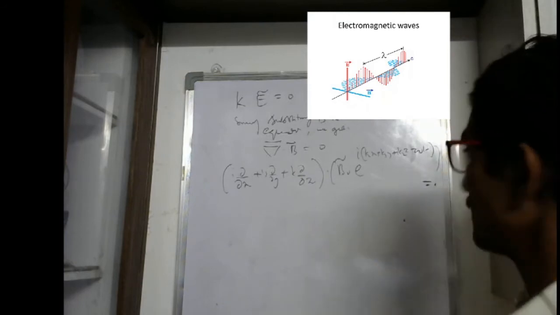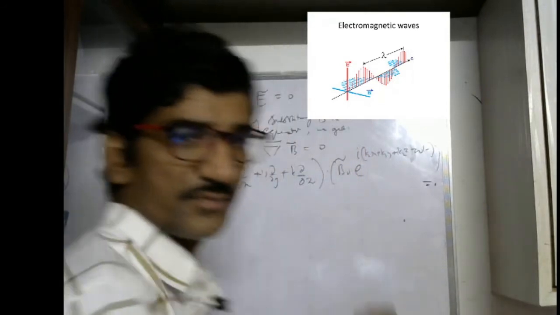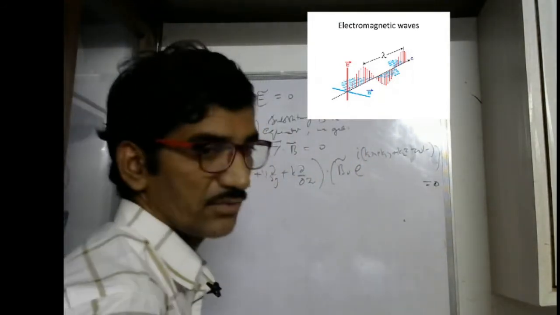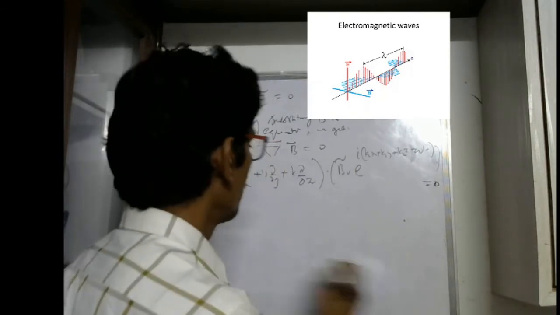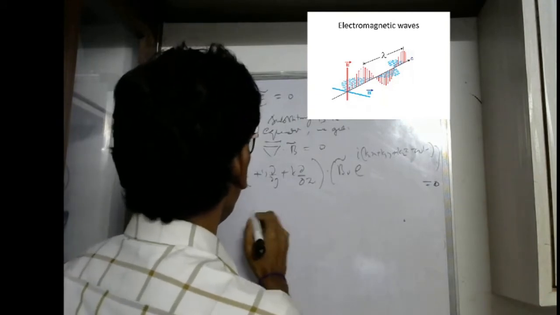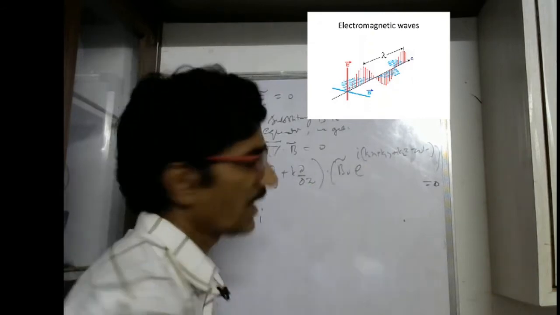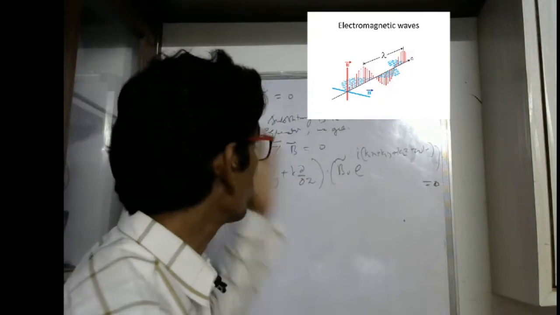This is equal to 0. Now each time you differentiate this, you get an i.